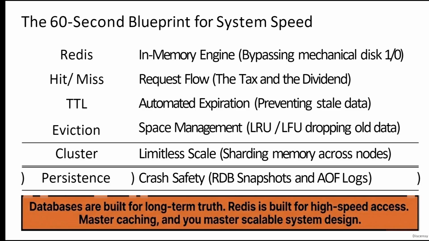Eviction, space management, LRU or LFU, dropping old data. Cluster, limitless scale, sharding memory across nodes. Persistence, crash safety, RDB snapshots and AOF logs. Databases are built for long-term truth. Redis is built for high-speed access, master caching, and a master scalable system design.